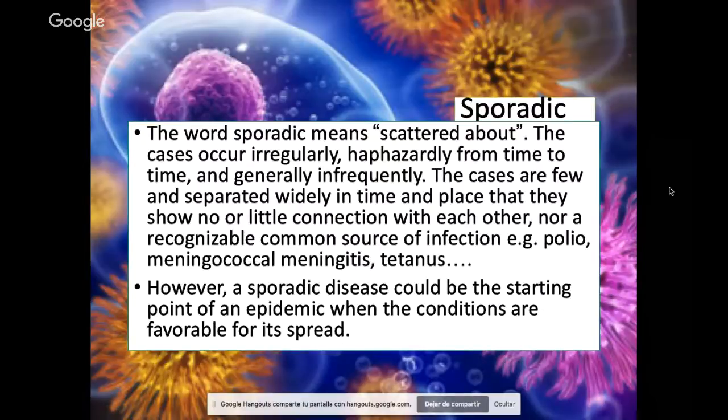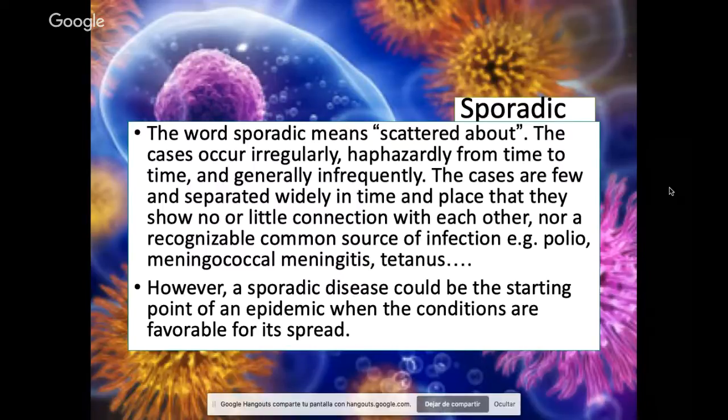Sporadic is the word that means scattered about. The cases occur irregularly, haphazardly, from time to time, and generally infrequently.